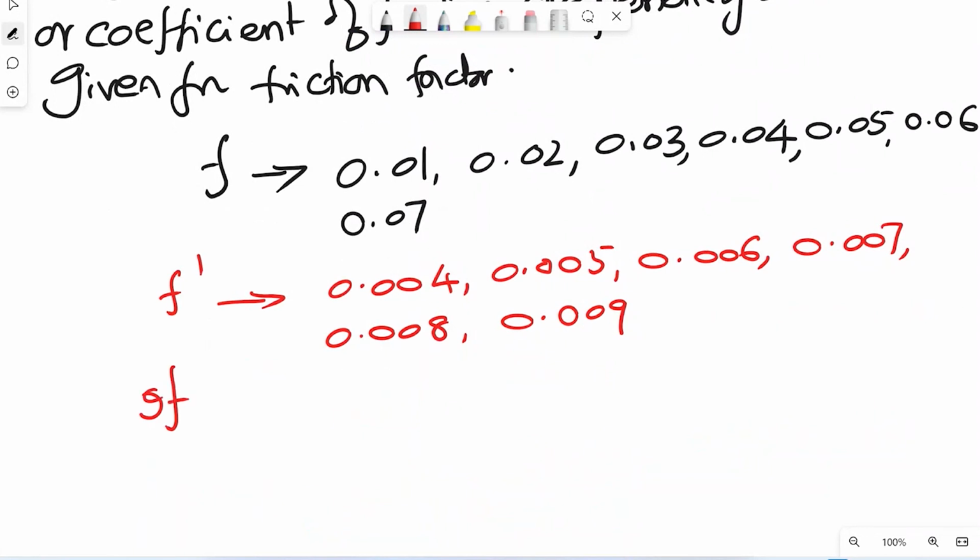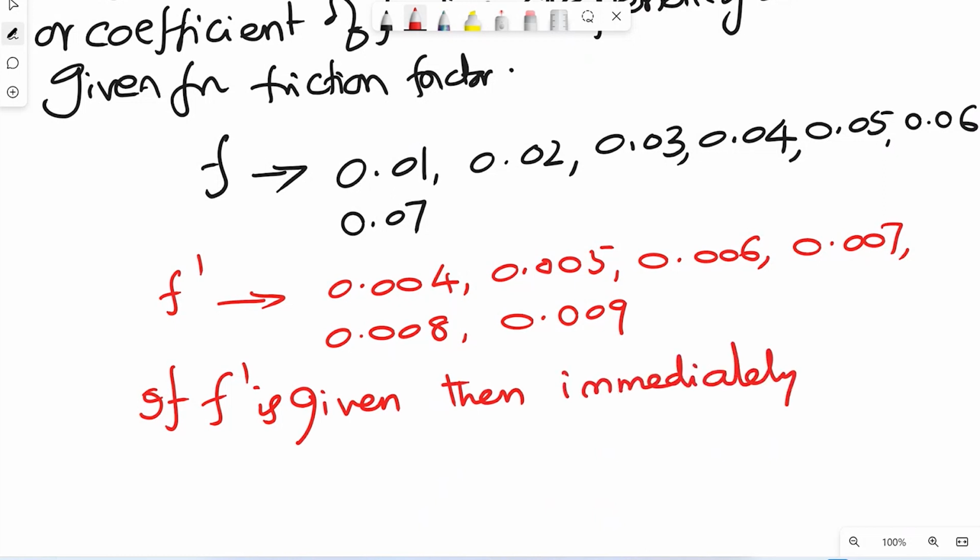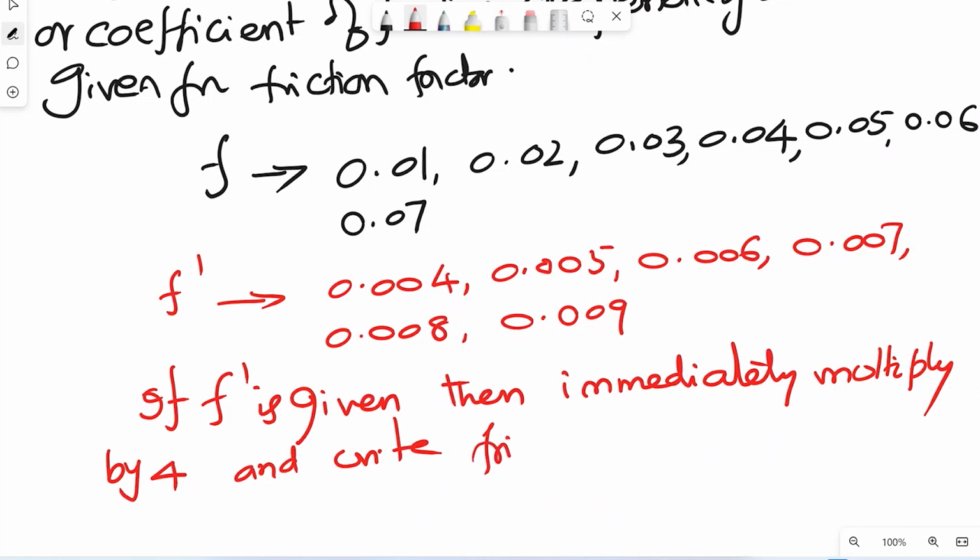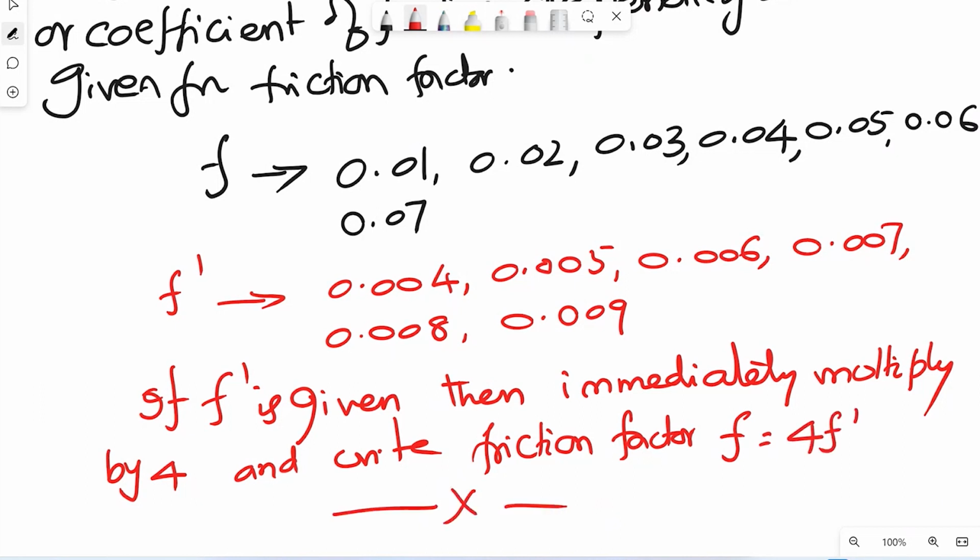If F dash is given, immediately multiply by 4 to get the friction factor: F is equal to 4F dash. Apart from that, this is very easy.